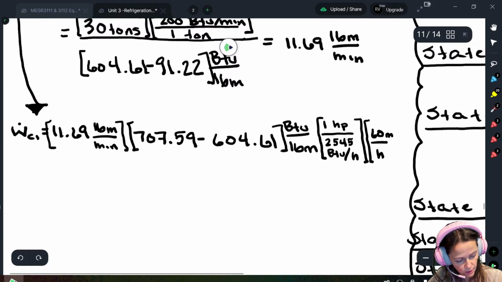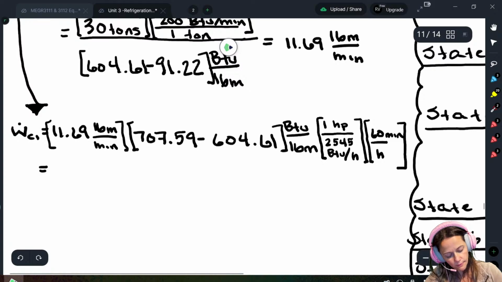That should make all my units work out correctly. So my W dot C1 ends up being 28.38 horsepower.